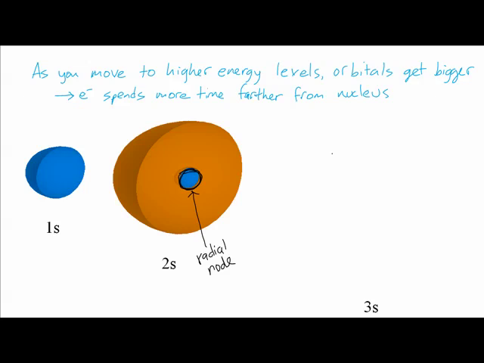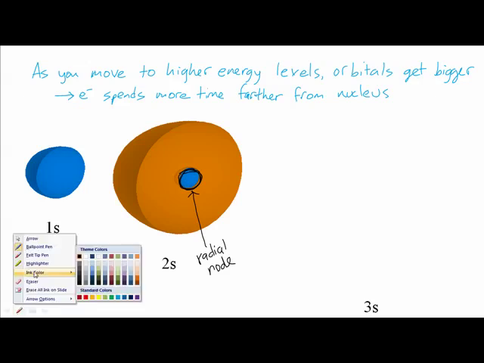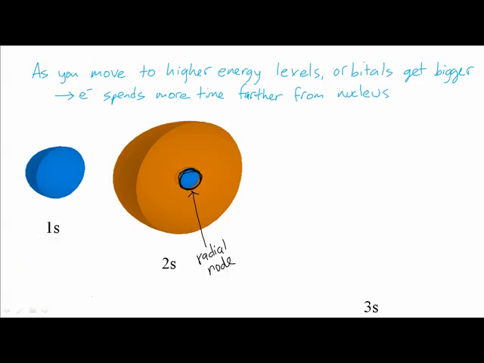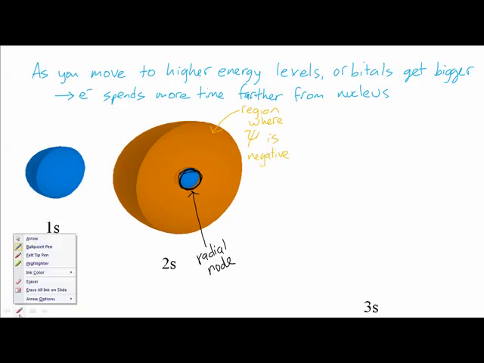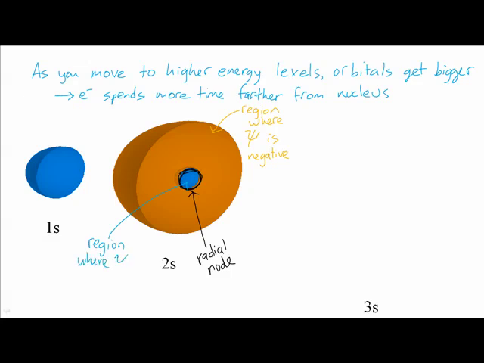So the orange here, let's say, might represent where the wave function has a negative value. And then the blue part might represent the region where psi is positive.